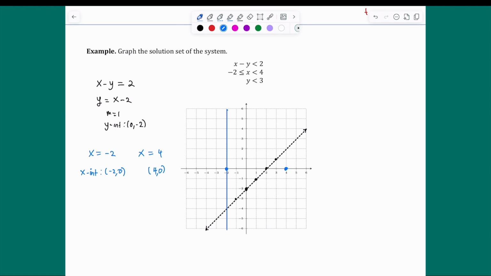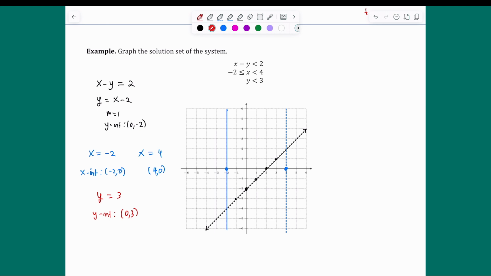And then x equal to 4 is going to have to be a dashed line. All right. Now the last inequality we have is y less than or equal to 3. So y less than or equal to 3 would be, I'm going to do this in red here, a horizontal line passing through the y-intercept of, say, 0, 3.